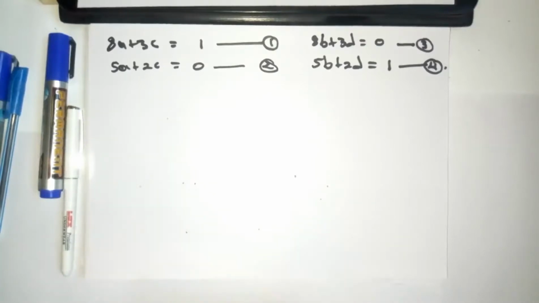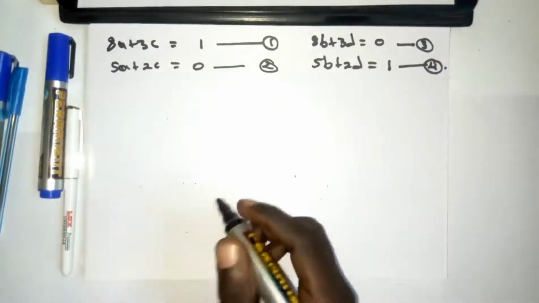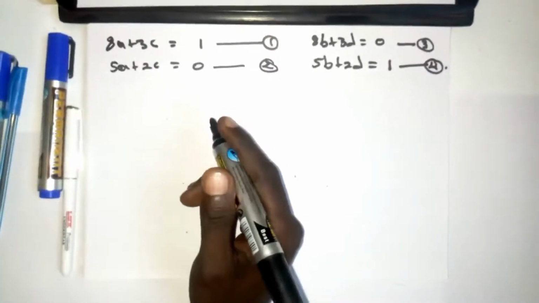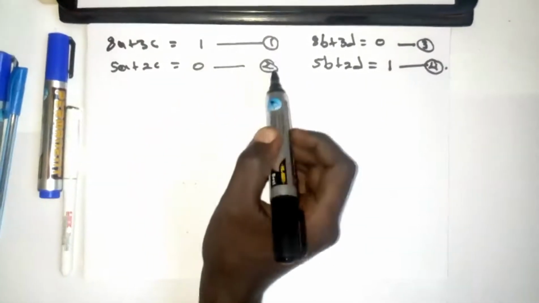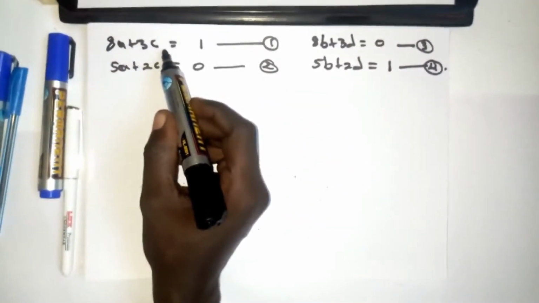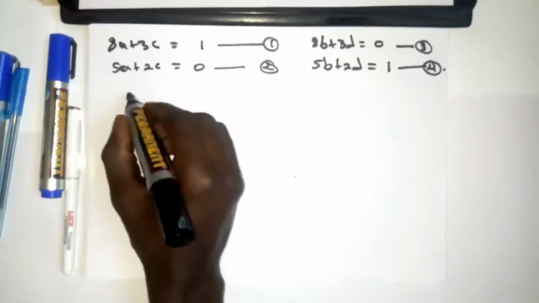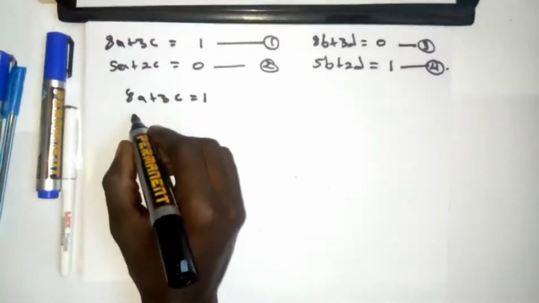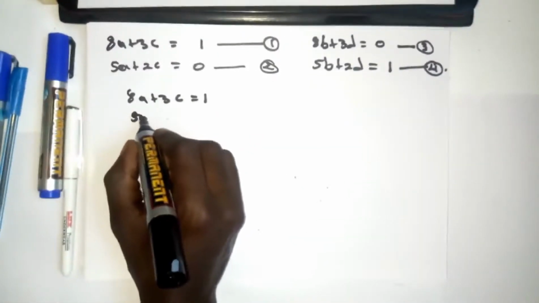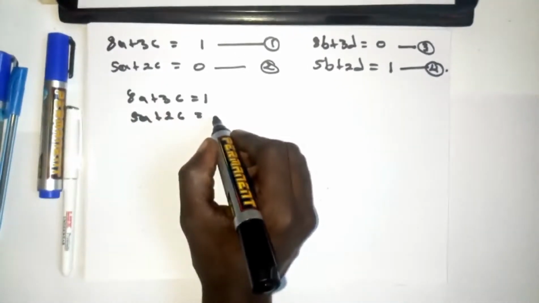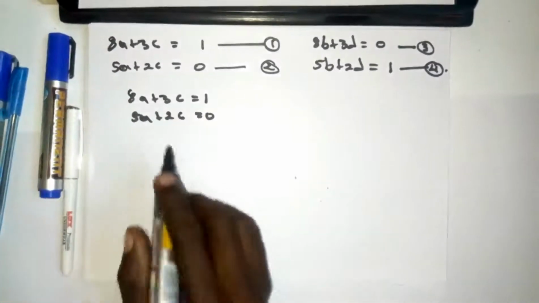So we are going to eliminate some of the terms, then do back substitution to get the answers of the other equation. So if I'm to solve the equations that have a and c, I'm going to have 8a plus 3c equal to 1, then 5a plus 2c equal to 0.